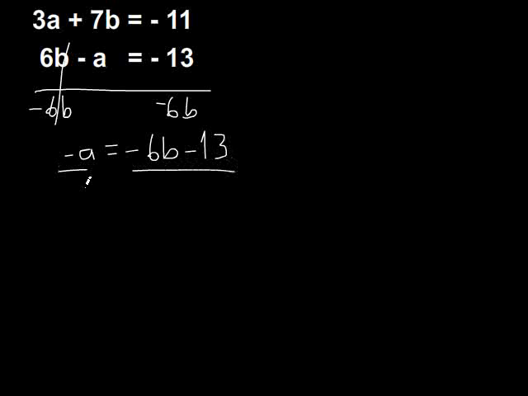To get a by itself, we have to divide both sides of the equation by negative 1. So we have a is equal to 6b plus 13.